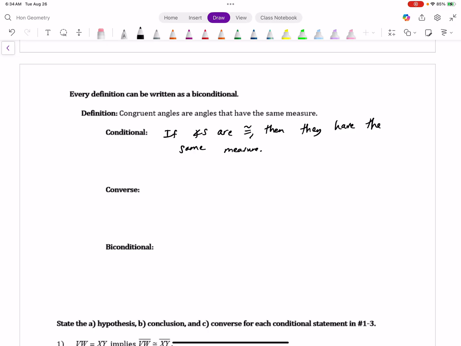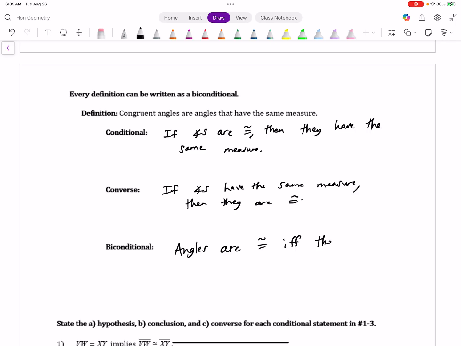But we could also say if angles have the same measure, then they are congruent. So the biconditional way of saying that would just be that angles are congruent if and only if they have the same measure.